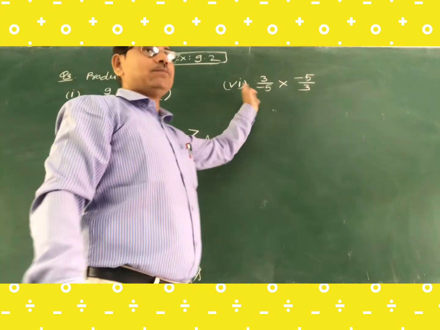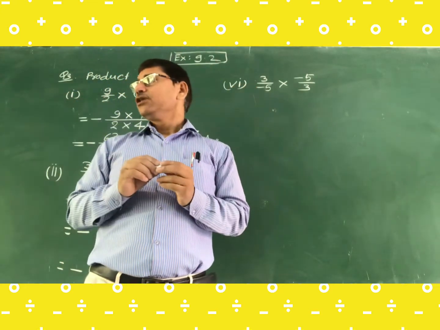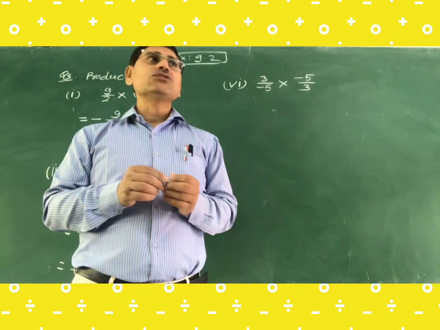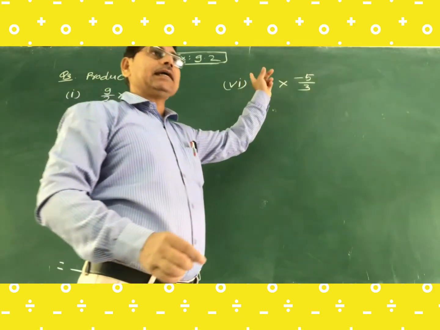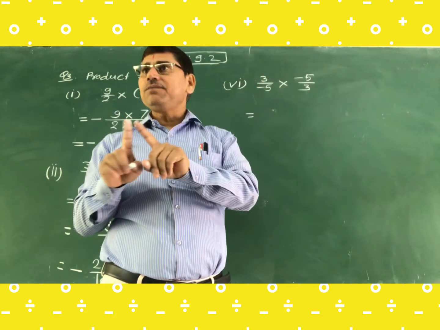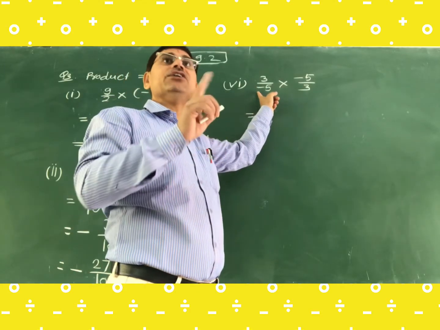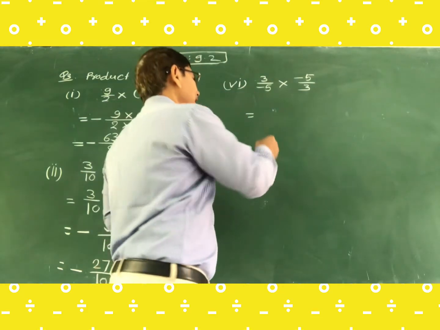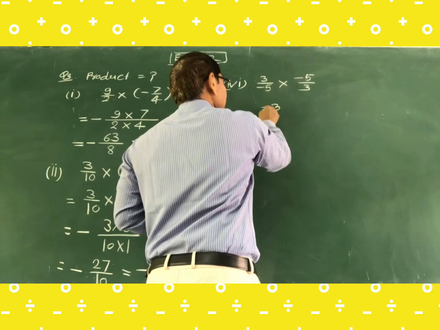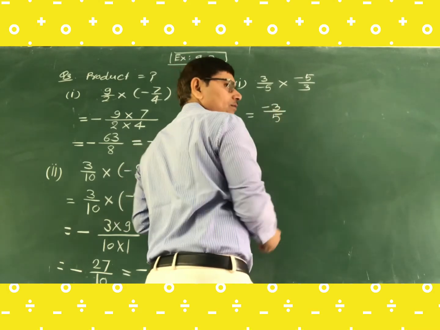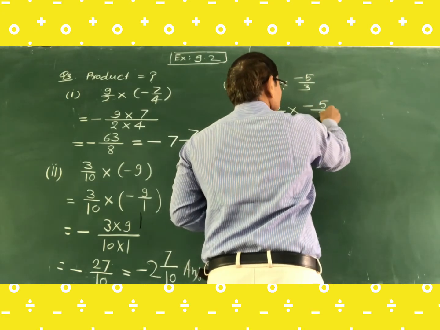Now in the case of part number 4 of this question number 3, what to do? How can we solve this question? Yes, of course. First of all, check whether the given rational number is in standard form. No. So first of all you will write this rational number in standard form. That is, this minus sign you will take into the numerator, that is minus 3 upon 5 into minus 5 upon 3.